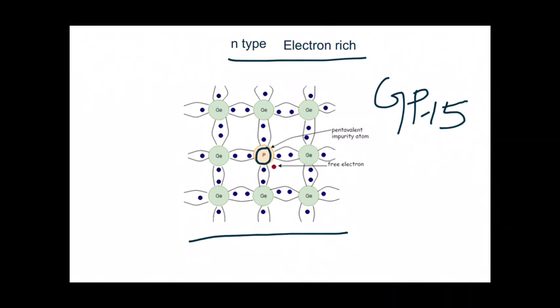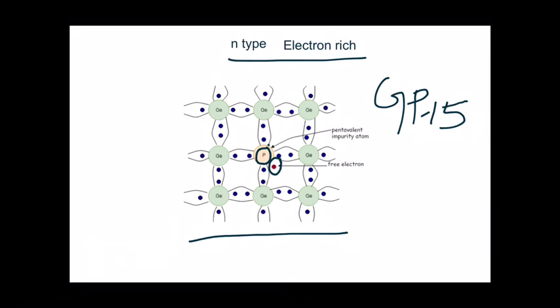So, phosphorus forms 4 covalent bonds with 4 germanium atoms, but there is an excess electron due to its 5th electron. So many such phosphorus atoms will be present throughout the germanium crystal when it is doped, so that a large number of electrons result in the crystal.